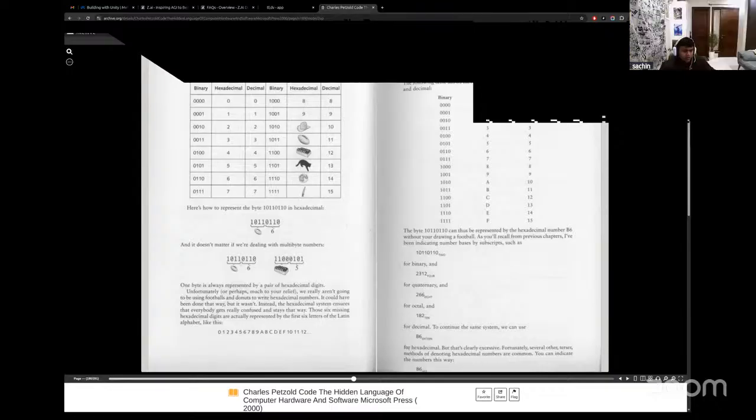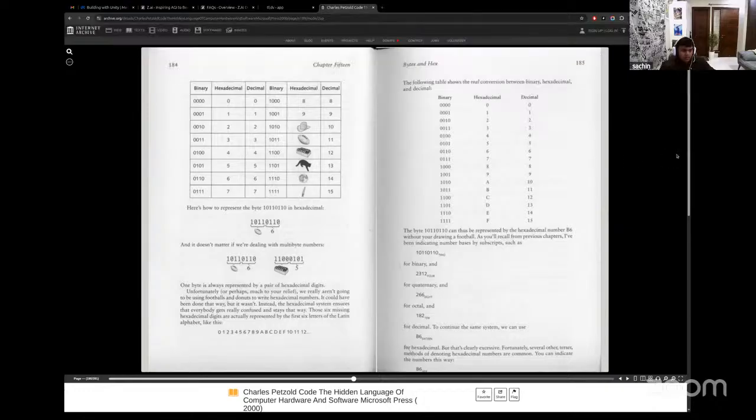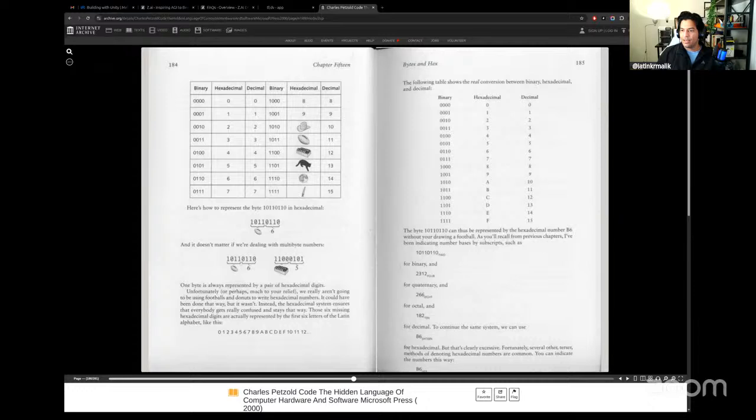Because 4 bits are required to represent one hexadecimal digit, right? Yes, so 2 raised to the power 4. Yes, that's correct. Okay, perfect.